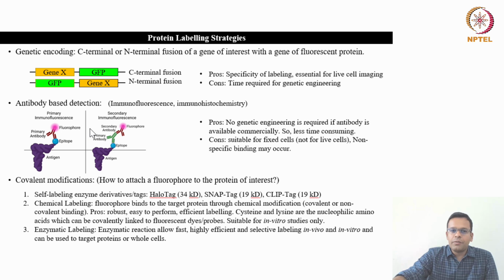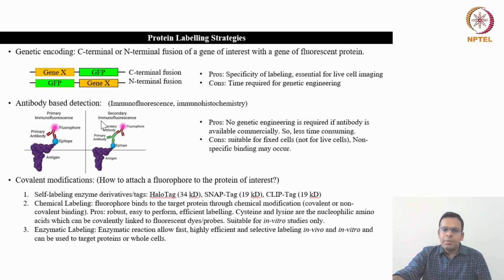Now there are two ways of doing this immunofluorescence. Either you can have the primary antibody itself labeled with the fluorophore, or sometimes people use the primary antibody without any fluorophore, but they use a secondary antibody which is specific for the primary antibody, and that secondary antibody is labeled with the fluorophore.